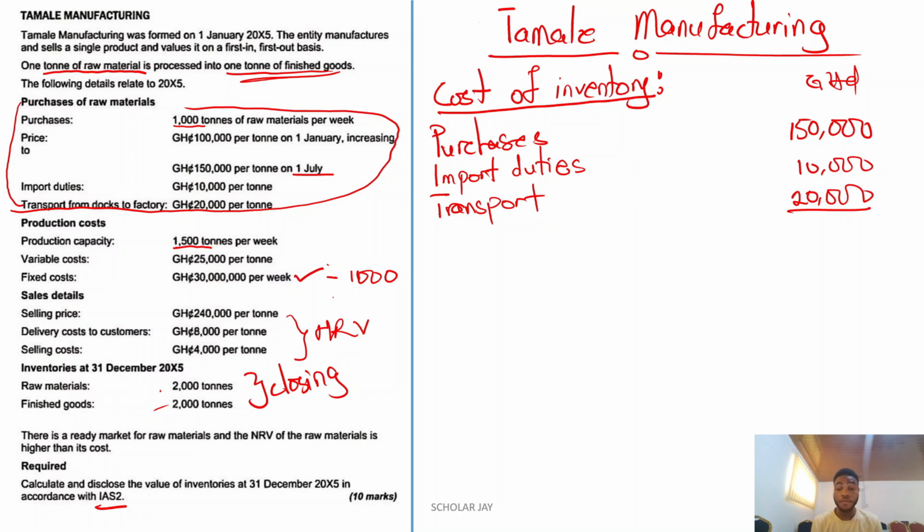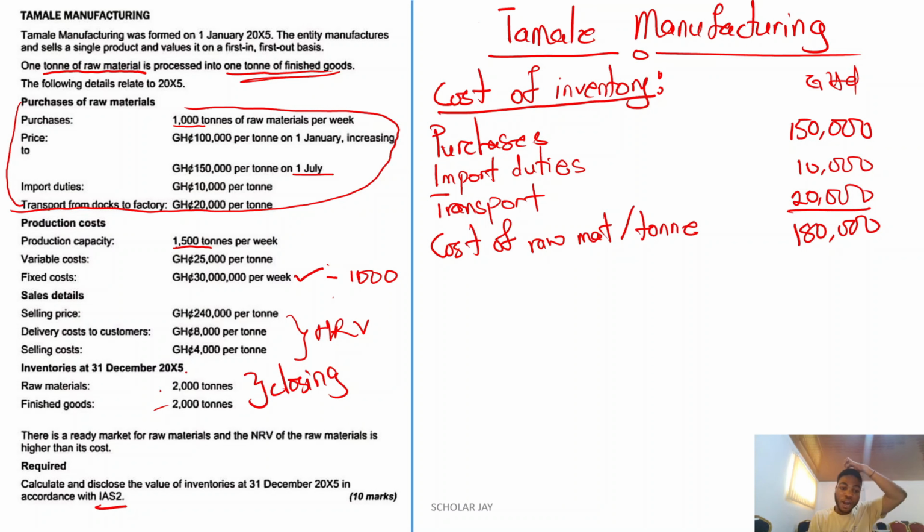So we are going to have 150,000 plus 10,000 plus 20,000, and that is giving us 180,000. So this is the cost of raw materials per ton. You agree?